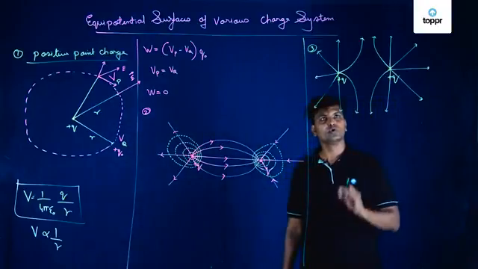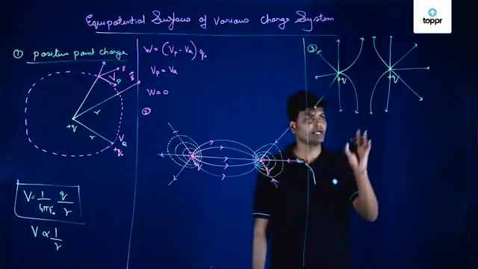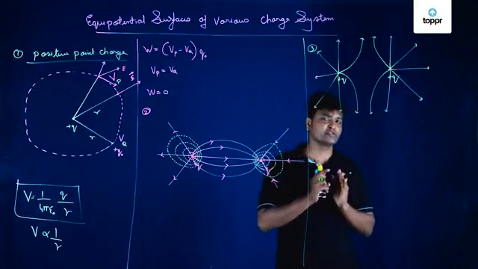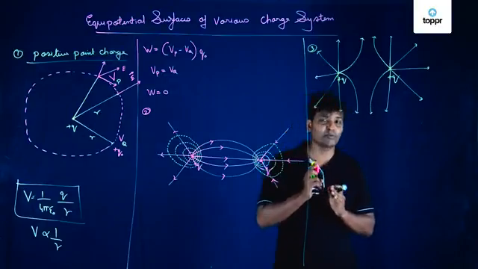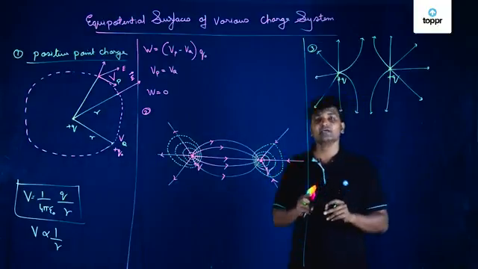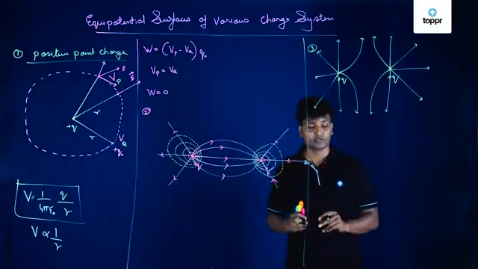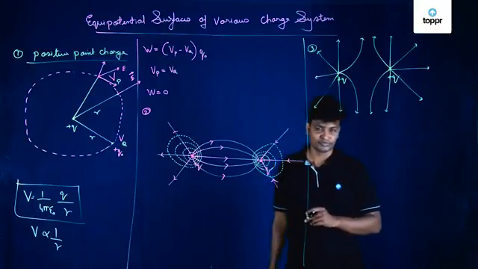Now, why are the field lines like this? Because they exert lateral pressure on each other. That's the reason why like charges repel each other, right?